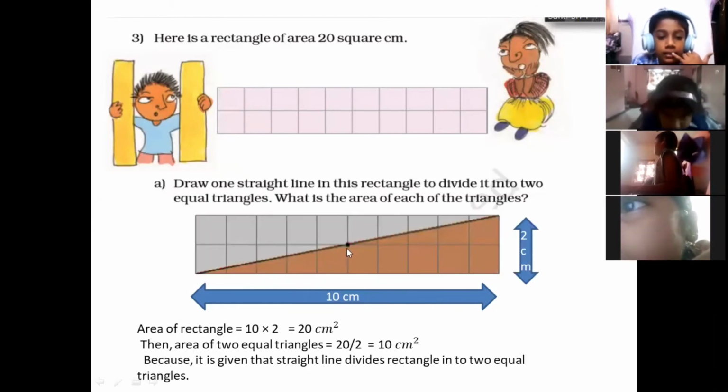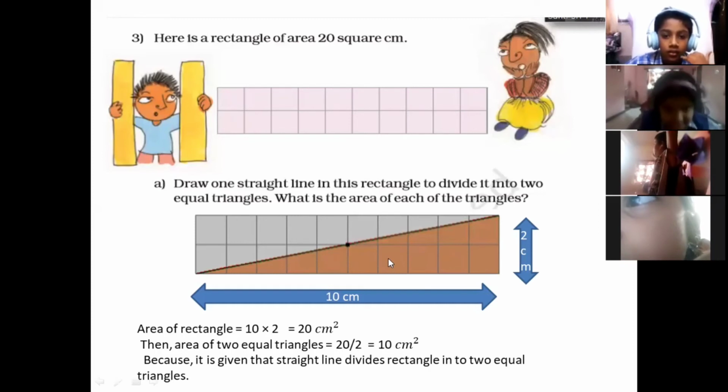Like this we can make, using one straight line, we can divide the rectangle into two equal triangles.